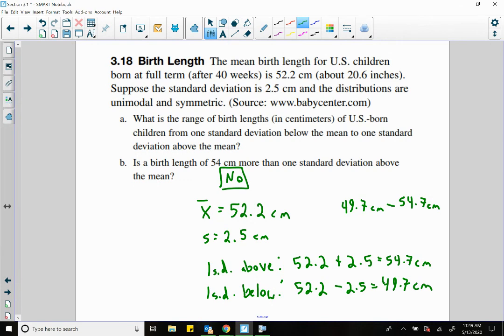Kind of what they're trying to get at with part B is they want to know, is this unusual? Which we will talk about in section 3.2 about unusual data entries. But for right now, all they want you to do is understand mean and standard deviation for symmetric unimodal data.